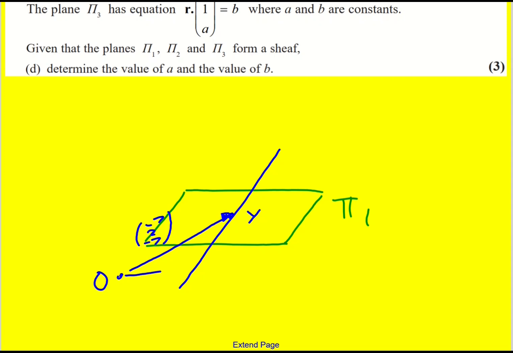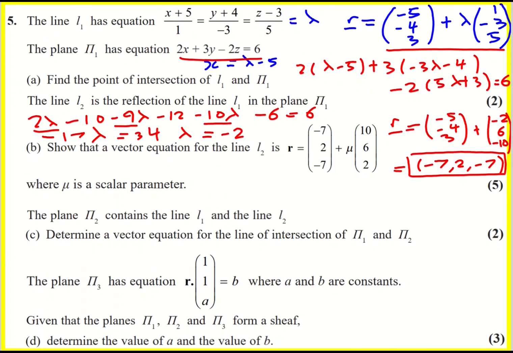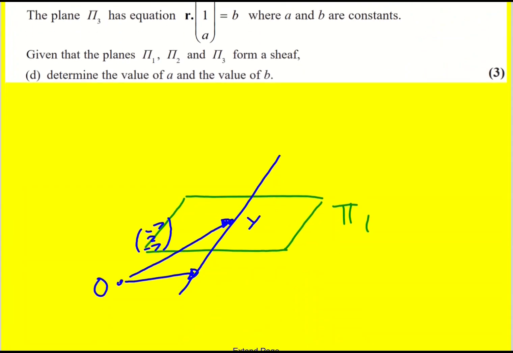I also know the vector to get onto the line because we wrote it up here. The minus 5, minus 4, 3 gets us onto the line, and then that other one is the direction vector, which we're going along some multiple of lambda.